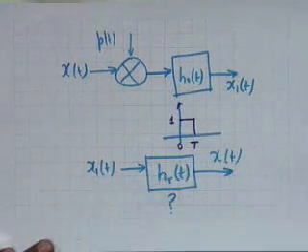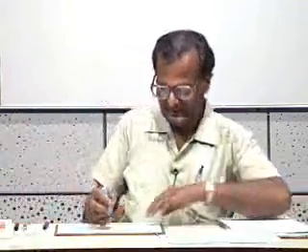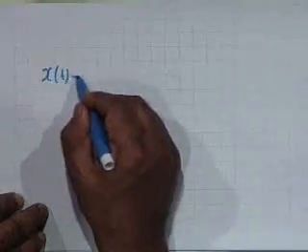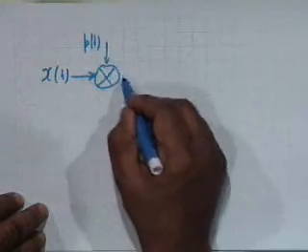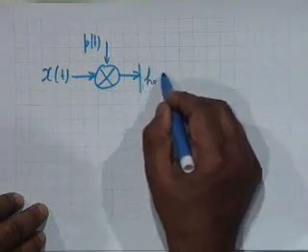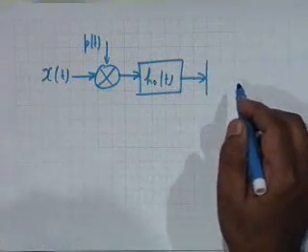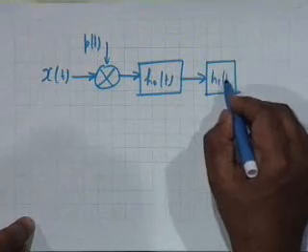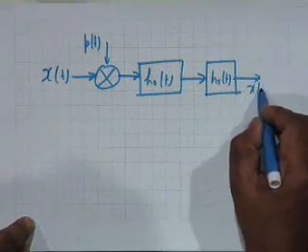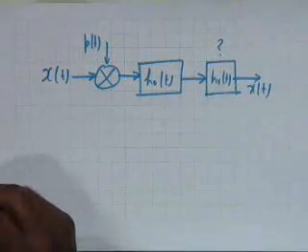In other words, if I draw the complete thing, x of t multiplied by p of t passing through h naught of t, then through HR of t, the output should be x of t. This is what I want, and I want to find out HR of t.